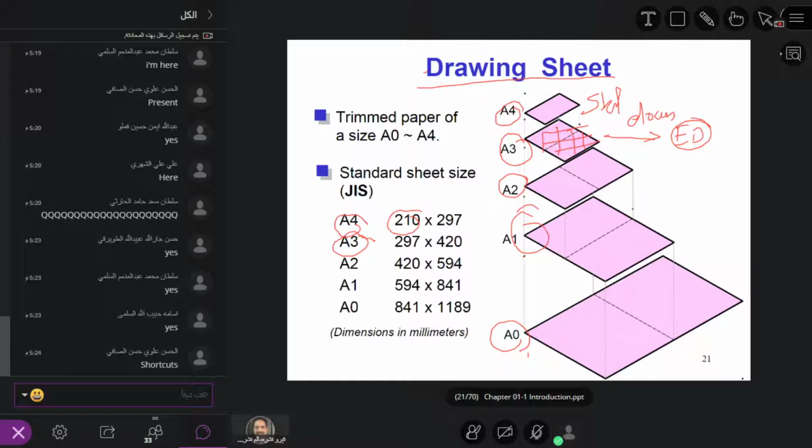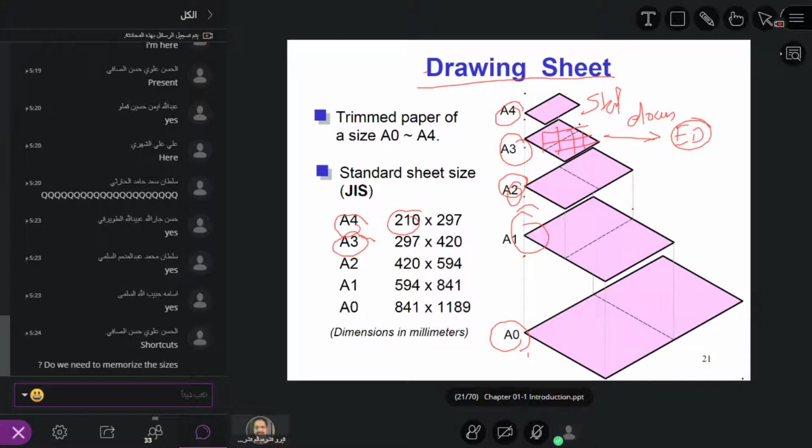That's the idea. A1 is bigger than A2, right? When the number is increasing, the size of the paper is decreasing. That's something you should remember.